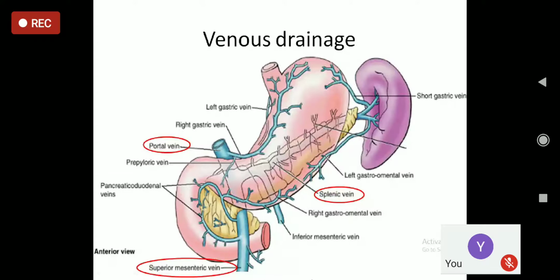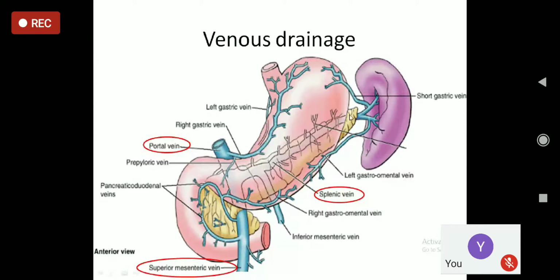Then venous drainage. All the arteries are accompanied by veins of the same name. The left gastric vein and right gastric vein drain directly into the portal vein. The gastroomental and gastroepiploic veins are the same thing, so don't get confused.